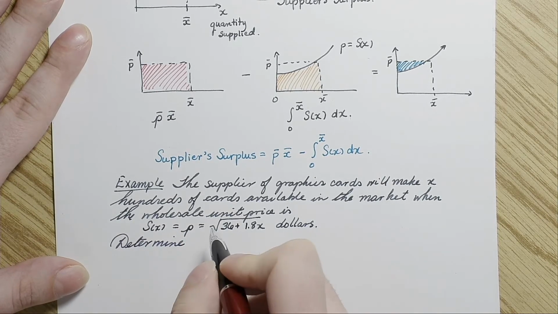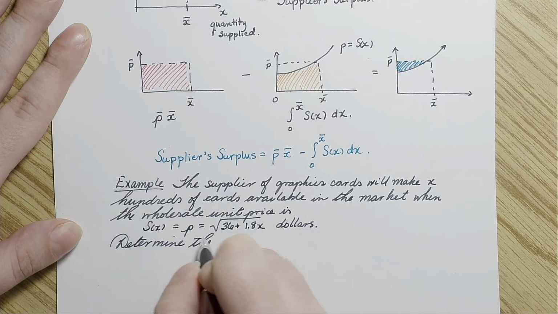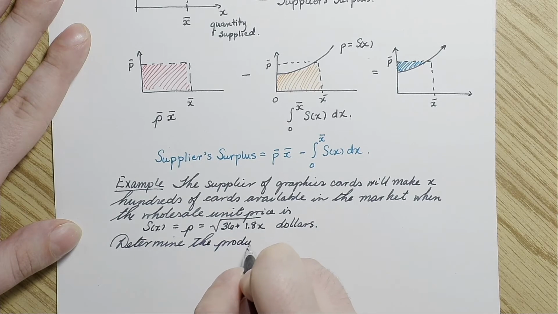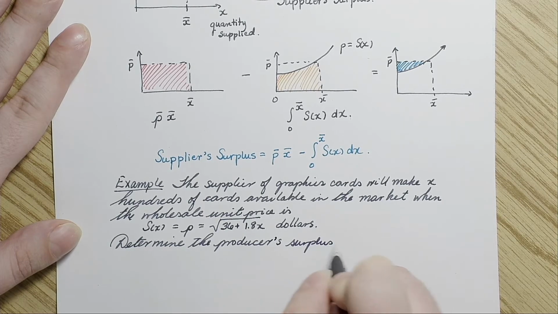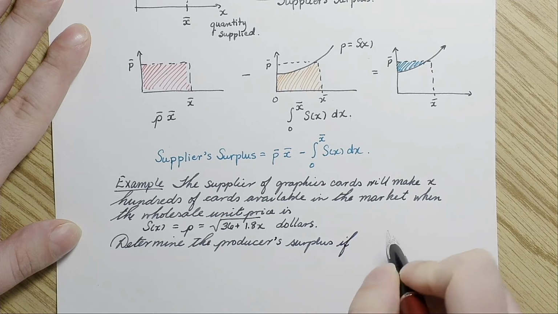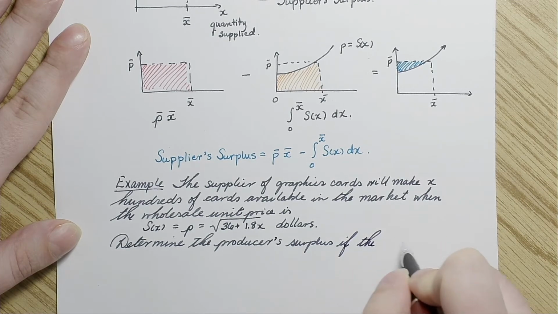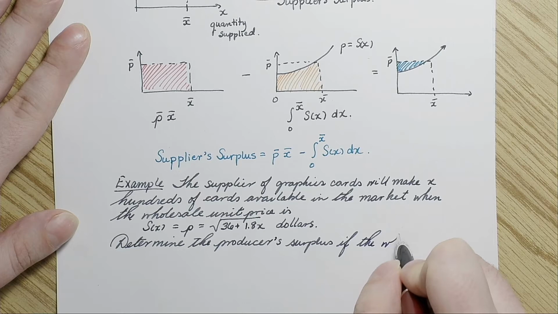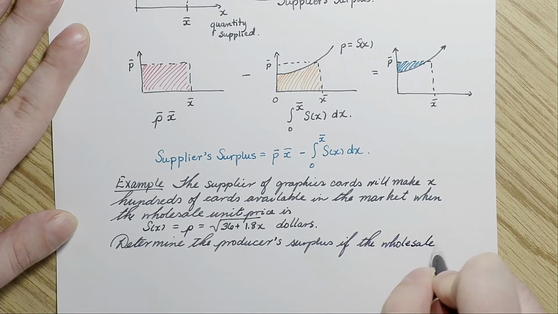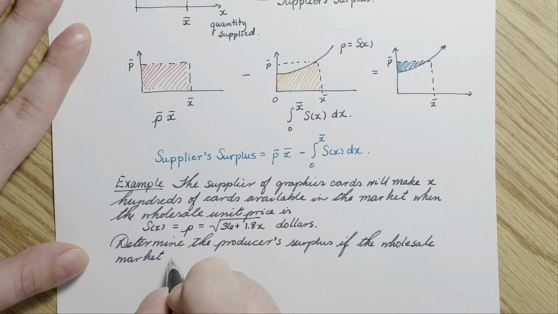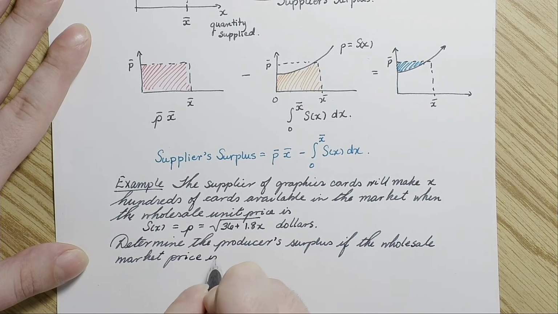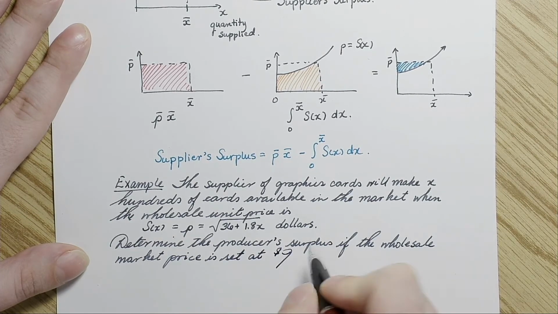So what we have to do is determine the producer's surplus if the wholesale market price is set at, say, $9 per card.